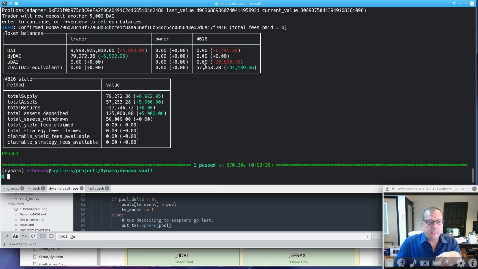And that's exactly what's happened. We've now taken the balance of the DAI that we had in the 4626, all the balance that was in Aave, plus the 5,000 that came in from the trader, and moved 100% of our funds into Compound. And that will stay that way. No funds will move into Aave until a new strategy is confirmed that allows Aave to receive funds again.